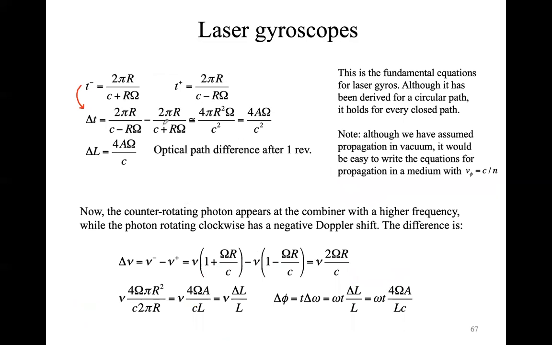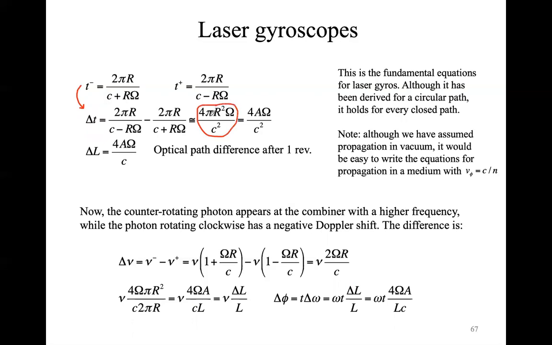So if you do the difference between the two, you can easily demonstrate, since C is definitely larger than R omega, because the rotation of the spacecraft cannot reach the speed of light, that you are able to converge this delta T to this expression here.